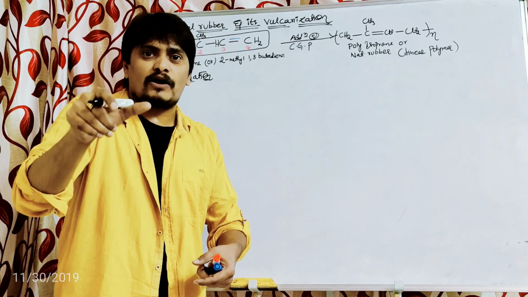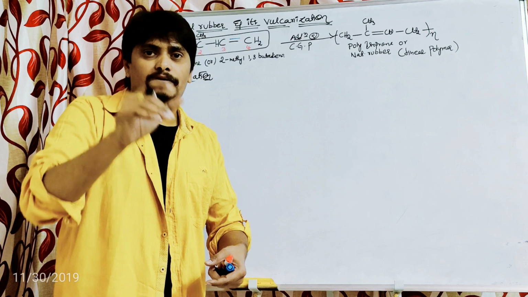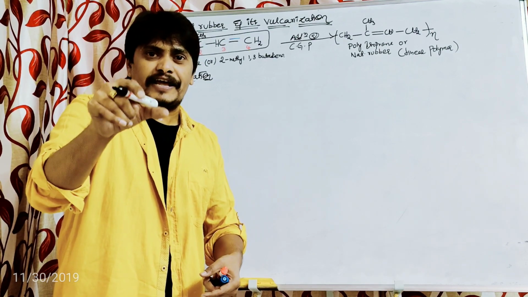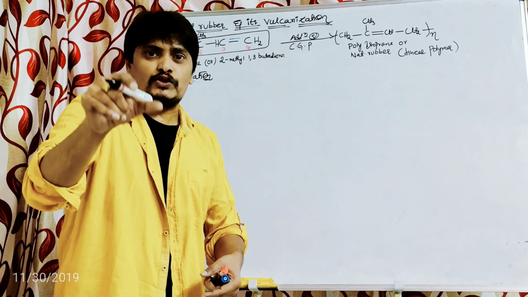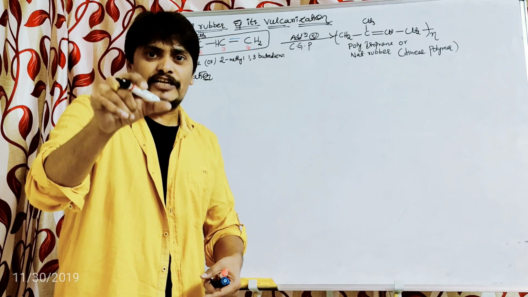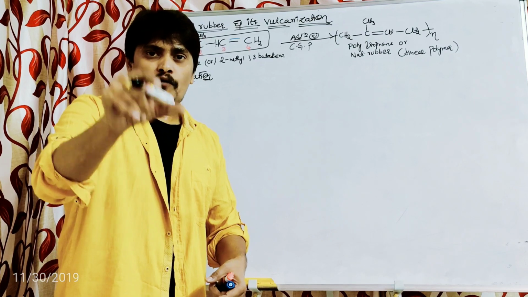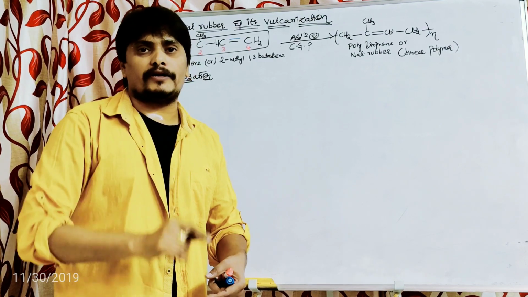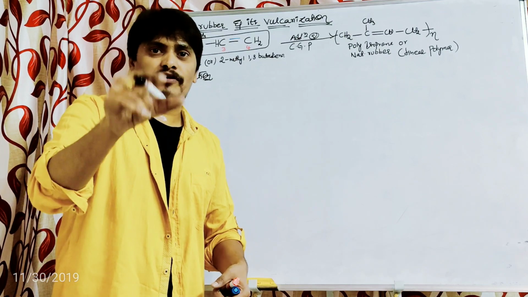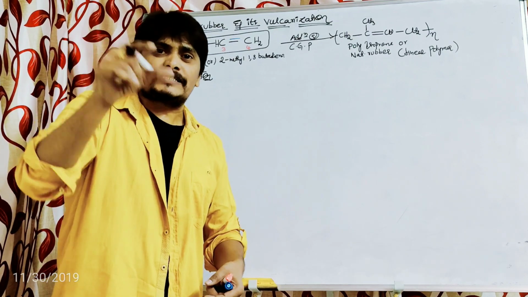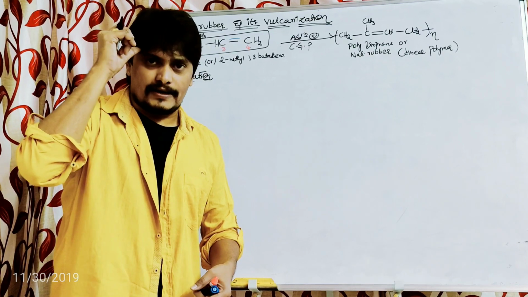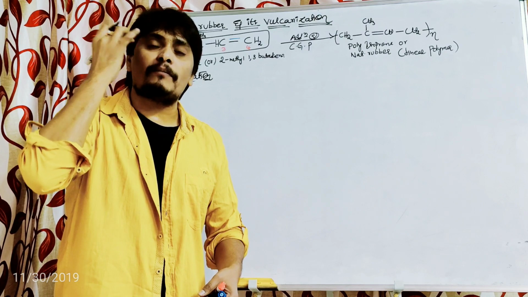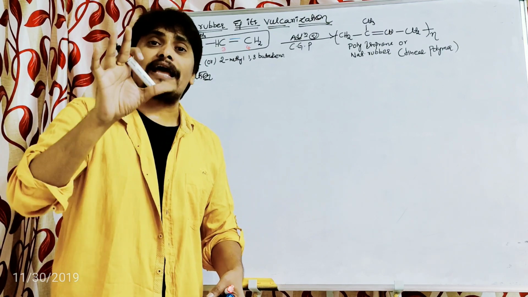Under the influence of this temperature, the natural rubber becomes soft. Once it becomes soft, we add the sulfur powder to it. Along with the sulfur powder, we add some catalyst. Catalysts like zinc salts are added as catalysts or accelerators.